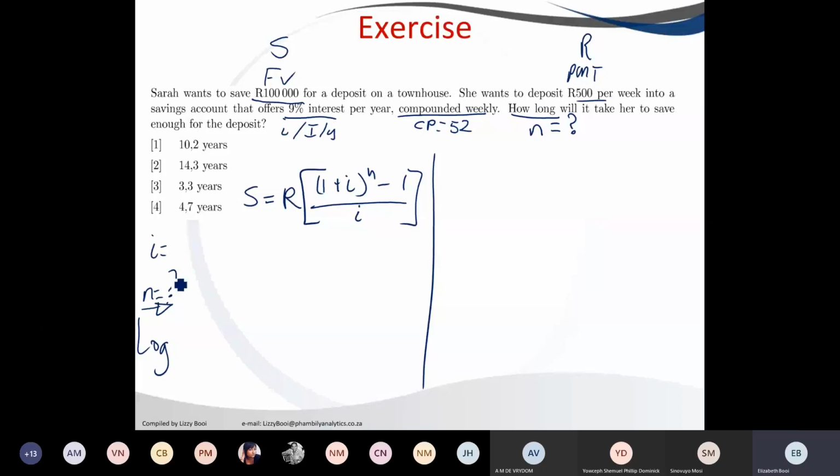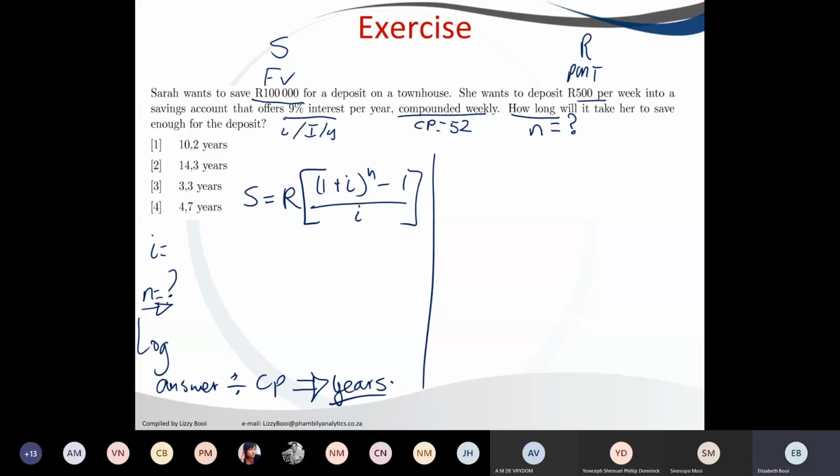So when you get to the answer, when you find n, you need to convert it by dividing by the compounding periods to find the correct years.